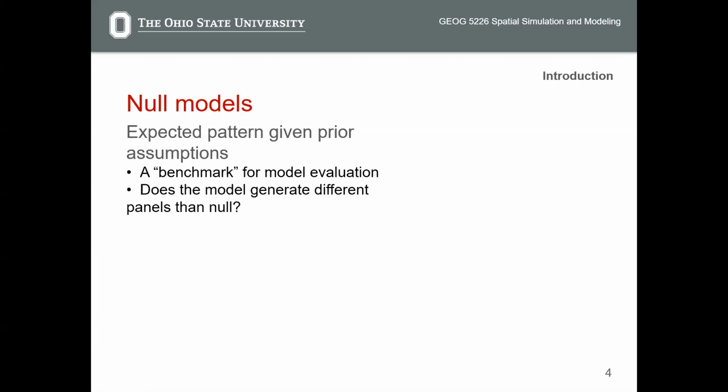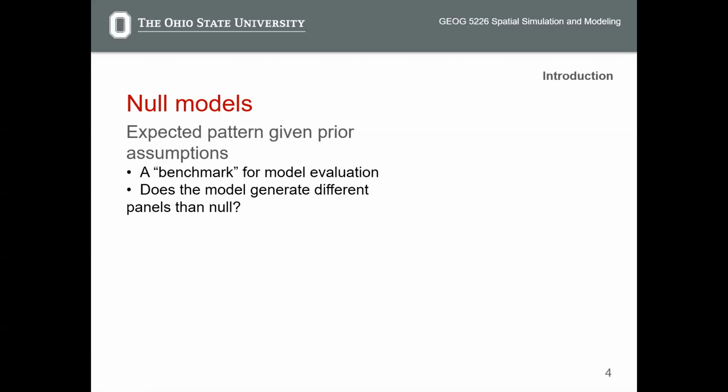So when we create these null models, and there is a spatial pattern, we compare this spatial pattern with these null models to say which null model it is. Let's put it this way: is this model closer to any of these null models?